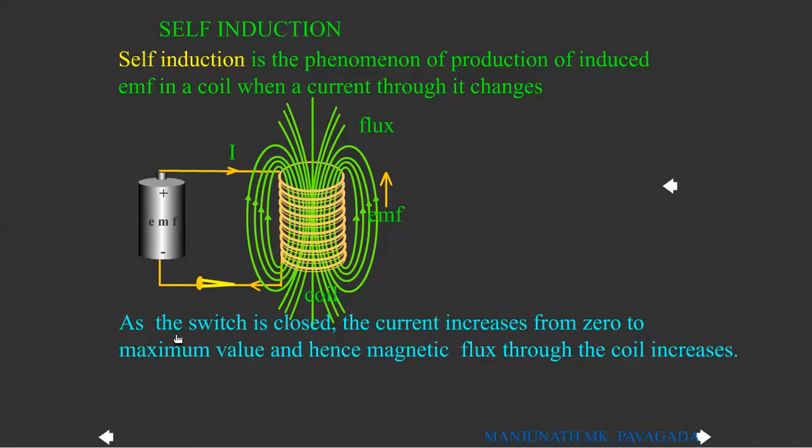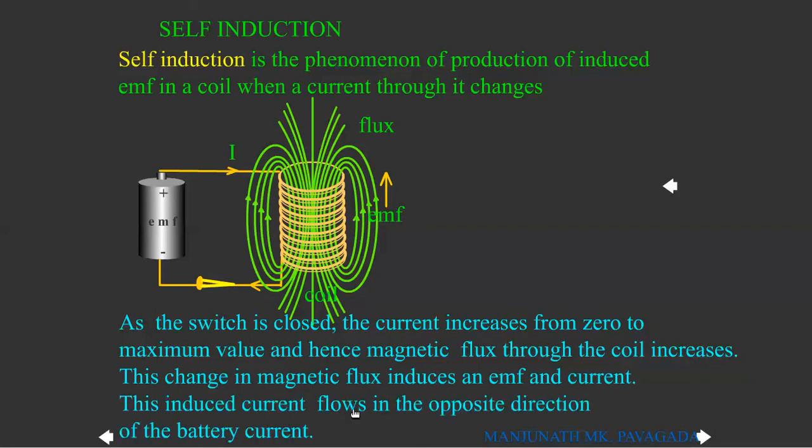So now, as the switch is closed like this, the current increases from 0 to maximum value gradually, and hence magnetic flux through the coil increases. This change in magnetic flux induces an EMF and current. This induced current flows in the direction opposite to the direction of the battery current.